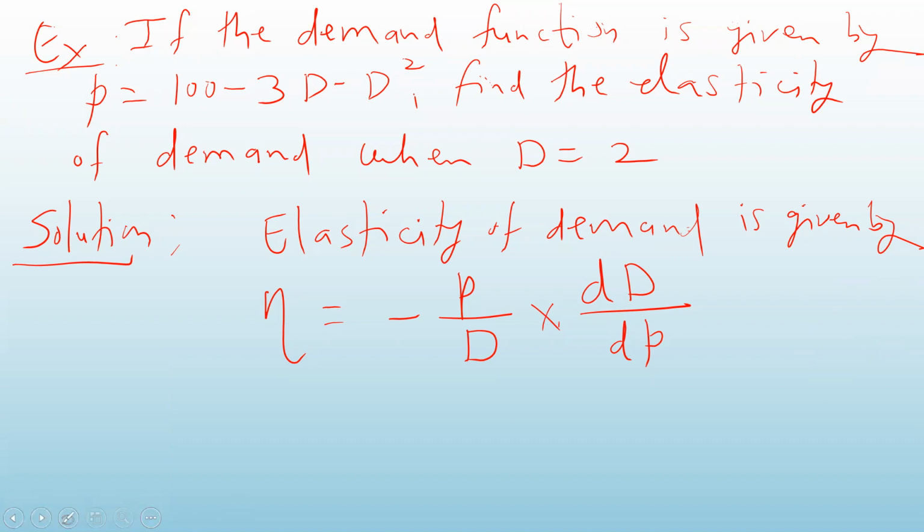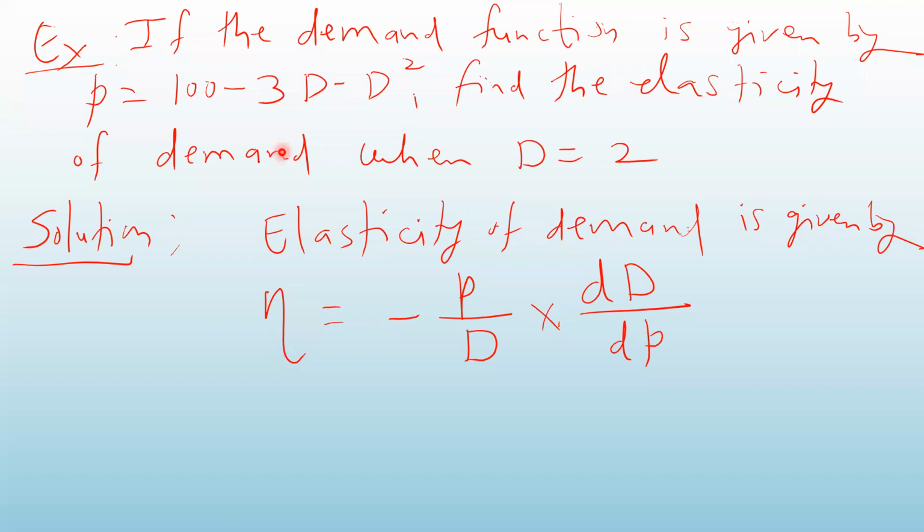And so this minus and this minus will become plus. And so eta will be positive. So we will come to know when you solve this problem. So what are the things we require in this formula? We need derivative of D with respect to P. So let us calculate the derivative of D with respect to P.